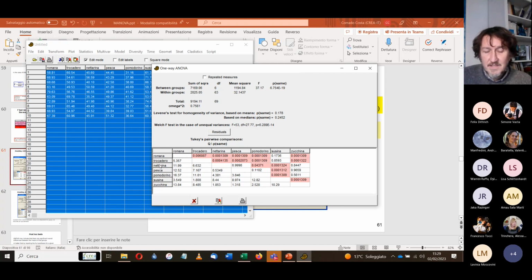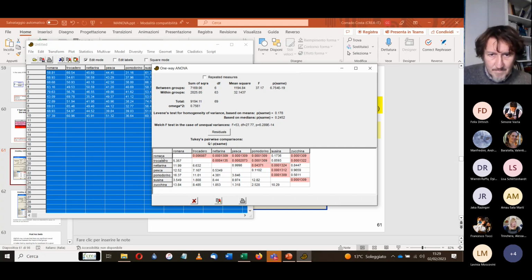So this is paired comparisons. So you have to look where crossing the rows with the columns, where they are significant. In particular, PAST helps us by coloring in pink the significant values.